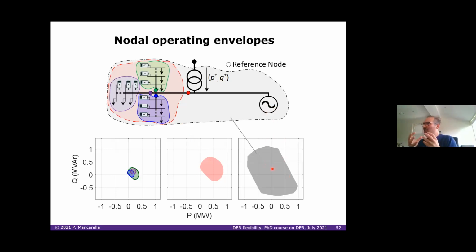So you see that this concept of flexibility is actually scalable. I model the aggregation as a nodal envelope with all the different flexibility features. Each envelope can be characterized through all those metrics that I just mentioned. And then I aggregate them. And then I see there are aggregation benefits because the regions grow bigger and bigger.